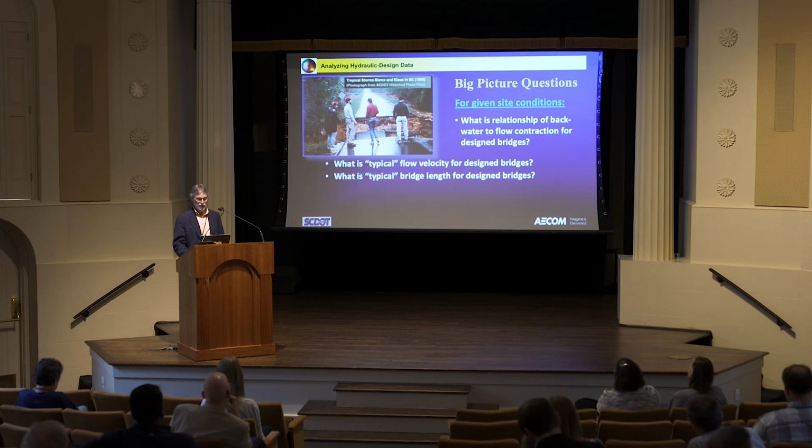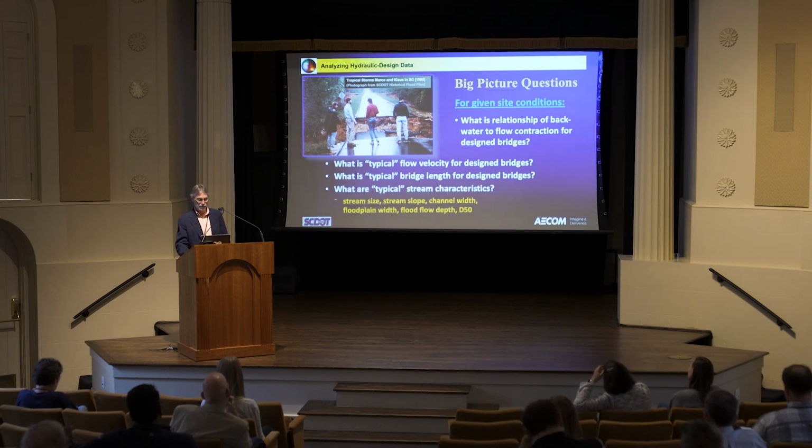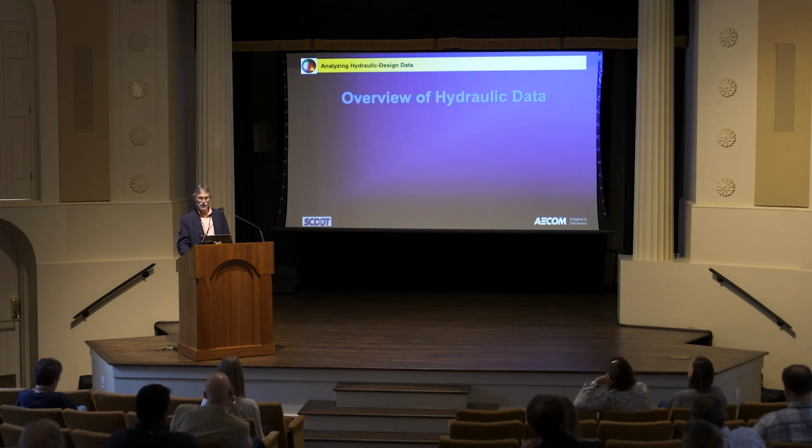What's a typical bridge length for a design bridge, and what should I anticipate the bridge I'm working on to be, or the range that it should be in? And then what are typical stream characteristics, such as stream size, stream slope, and so on at the site I'm working on, and how does it compare with other sites in that region? Is it a unique site that varies, or is it lining up well with the other sites? These can be very helpful and give you a helpful picture when you're working on a particular site.